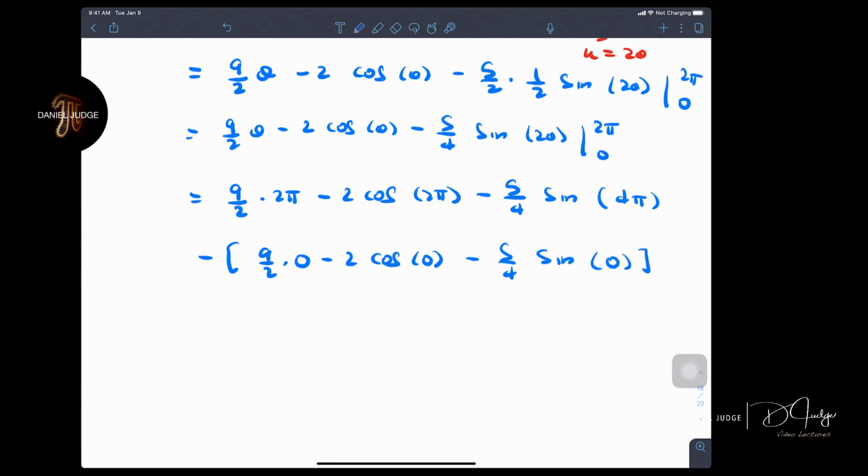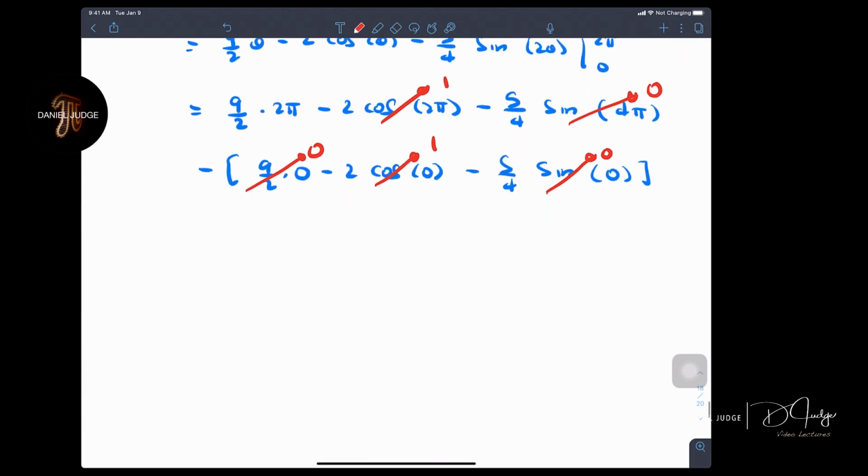So we might just say this portion is 0, cosine of 0 is 1, sine of 0 is 0, sine of 4 pi is 0, cosine of 2 pi is 1. So we could scroll through this and get some nice answers. So we get 9 pi minus 2 minus a minus 2 is plus 2.